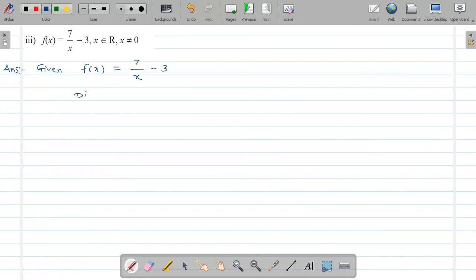Now differentiate this with respect to x. So you will get f dash x. Now see how you will take the derivative of 7 upon x: 7 as it is, and we take the derivative of 1 upon x, that is minus 1 upon x square, minus derivative of 3 is 0. So totally you will get the derivative as minus 7 upon x square.